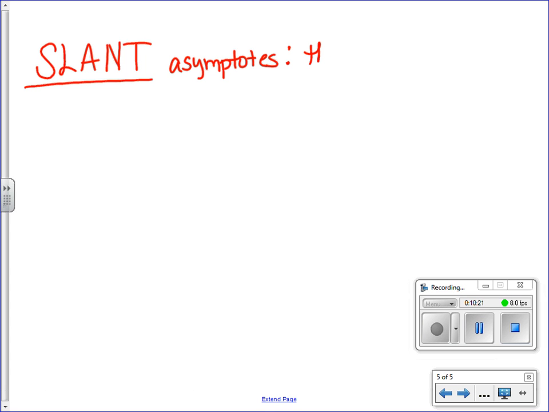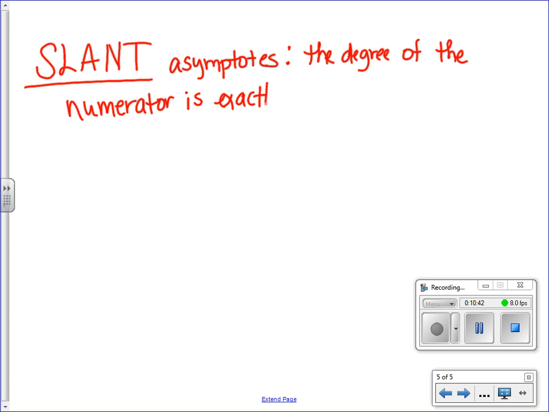If the degree of the numerator is exactly one more than the degree of the denominator.